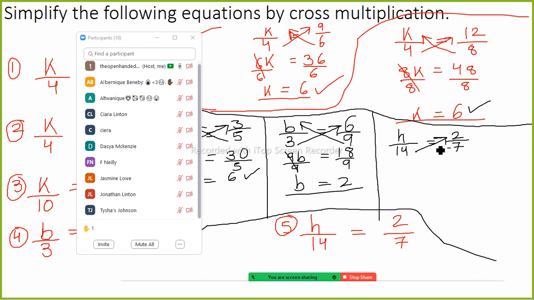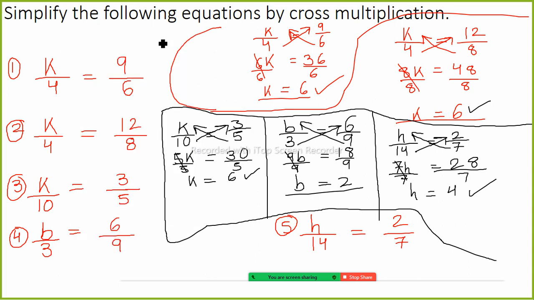We cross multiply. We have 7 times h, which is 7h. It's going to be equal to 2 times 14, which is 28. Divide both sides by 7. We get h is equal to 4. So the answers are 4, 2, 6, 6, and 6. Right? Anyone got 5 out of 5? 4 out of 5? Okay, 5 out of 5.